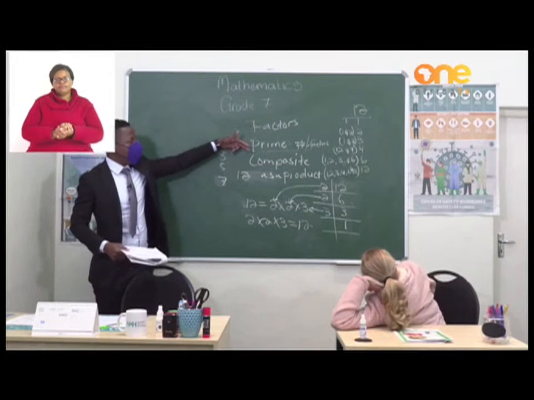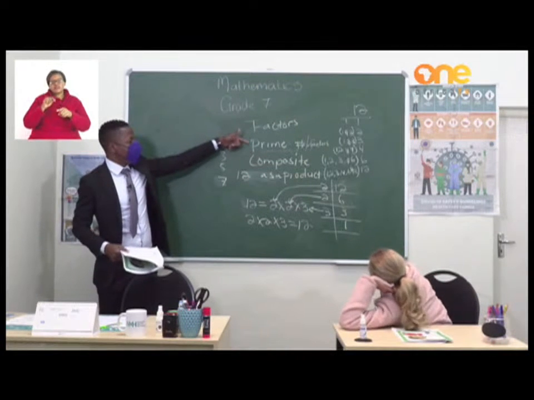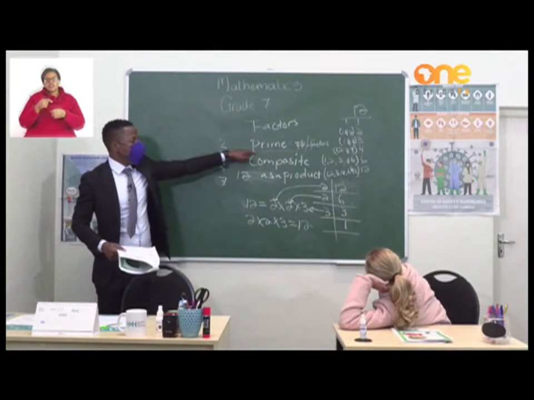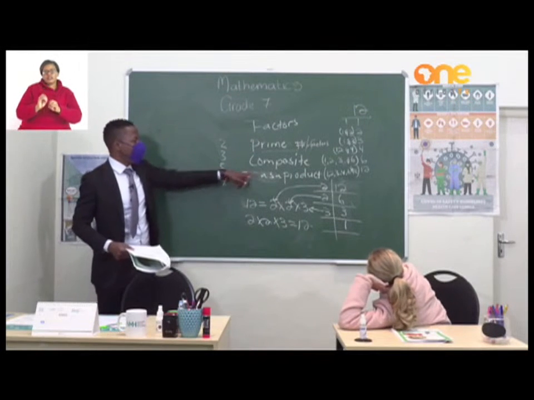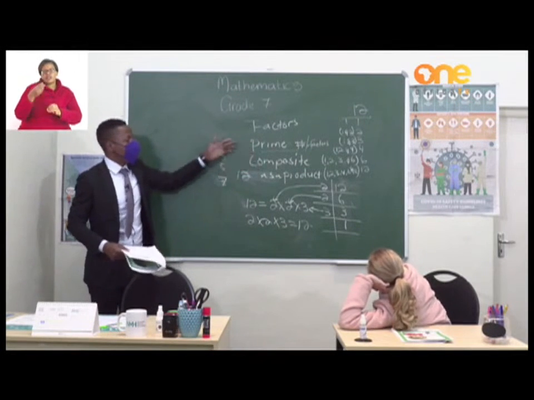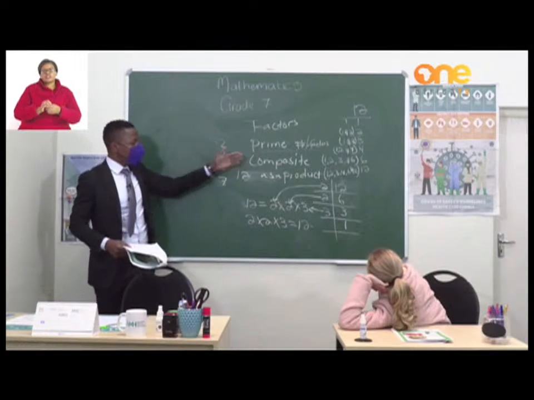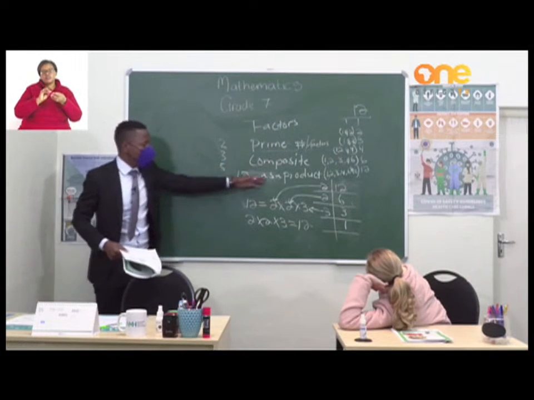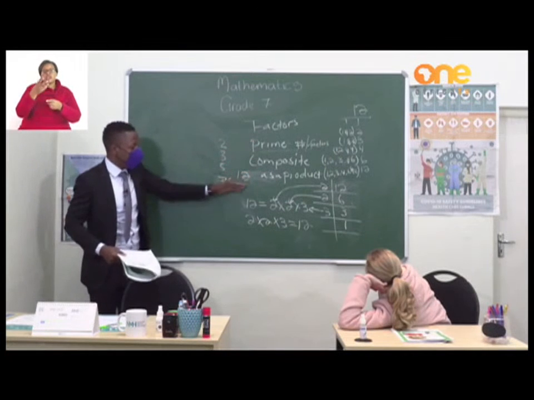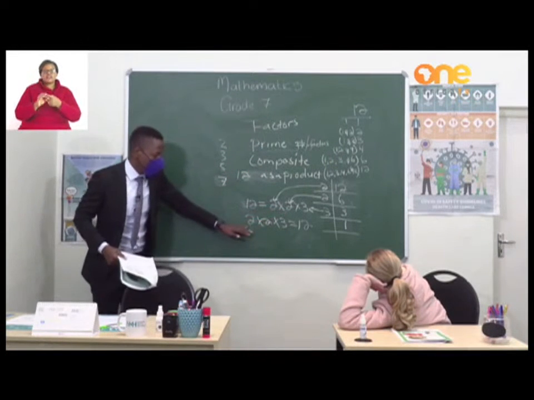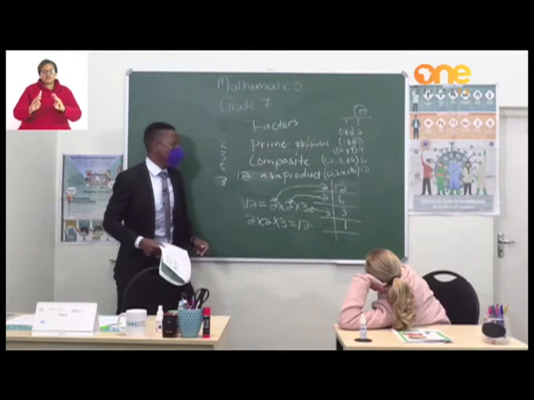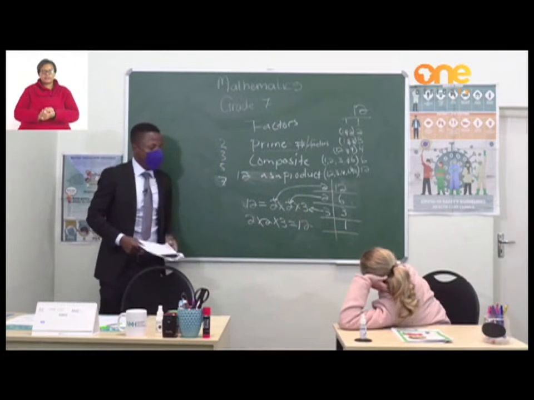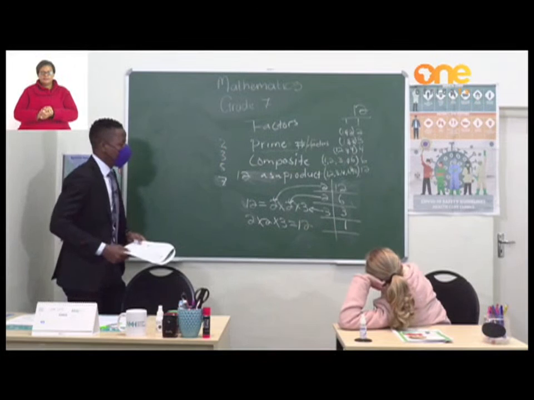A factor is a number that goes into a number without leaving a remainder. A prime number or a prime factor has got 2 factors, one and itself. A composite number is a number with more than 2 factors. Writing as a product of its prime factors, you do it this way, but you need to show your work on how you get to the answer.